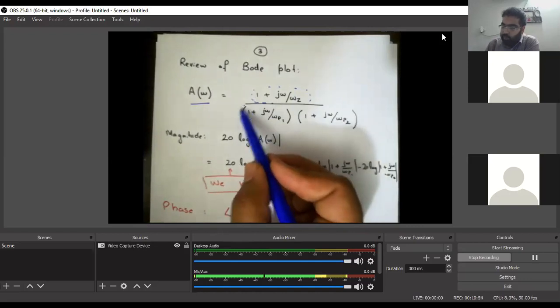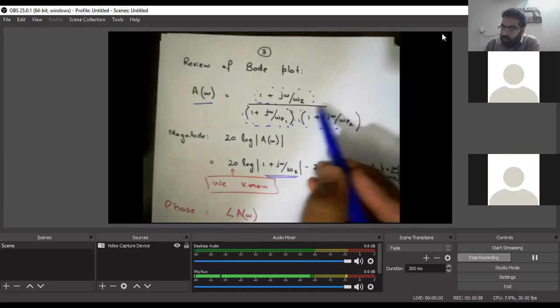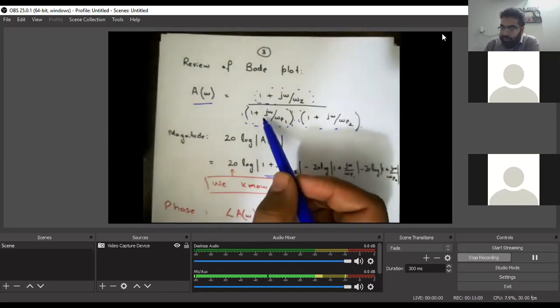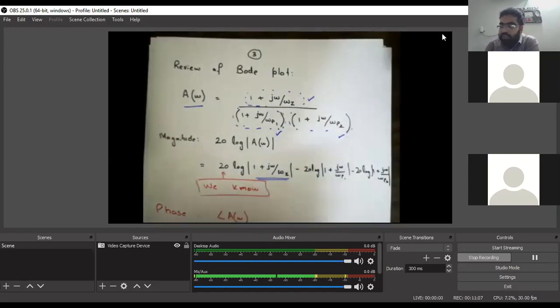You can see omega p1 and omega p2 in the denominator. So if we have some function which is frequency dependent, having one zero and two poles, we need to draw the magnitude plot, and also we need to draw the phase plot, and the combination of a magnitude plot and a phase plot tells us useful information about the stability of the system.